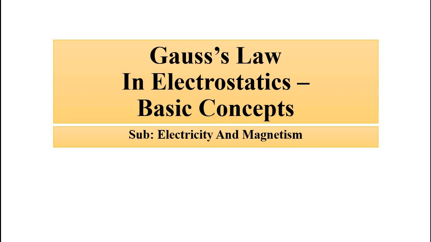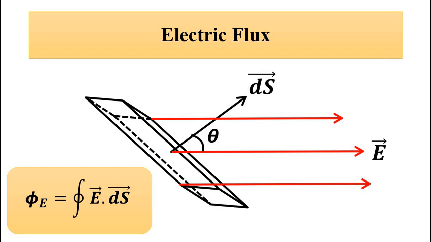Before we discuss Gauss law, we have to discuss another important thing related to this, which is electric flux. Electric flux basically is the number of electric field lines passing through a surface placed along the electric field lines. The angle which the area vector, which is normal to the surface area, makes with the electric field lines, that angle theta, plays a crucial role.